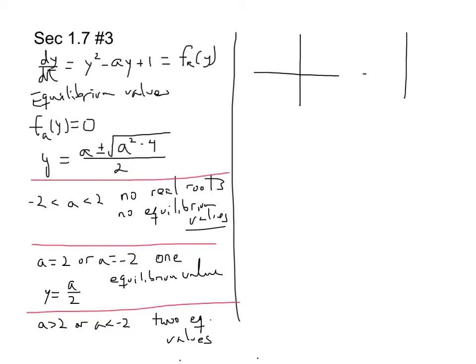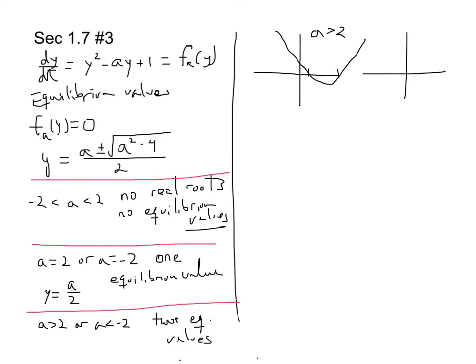You should use a calculator and check that when a is bigger than 2, we have pictures that will look like this. Our 2 roots will be here and here.